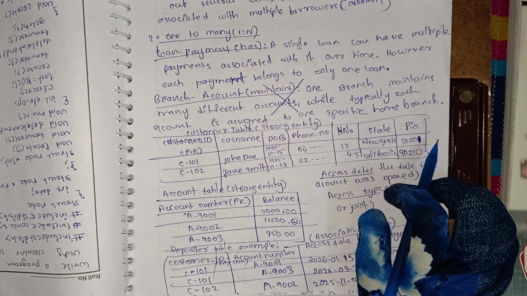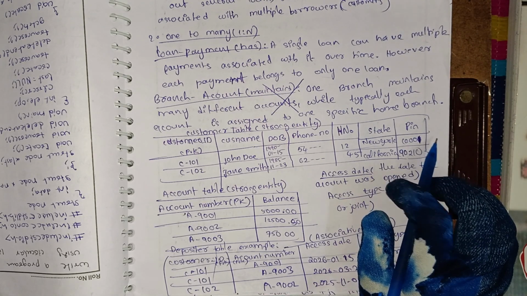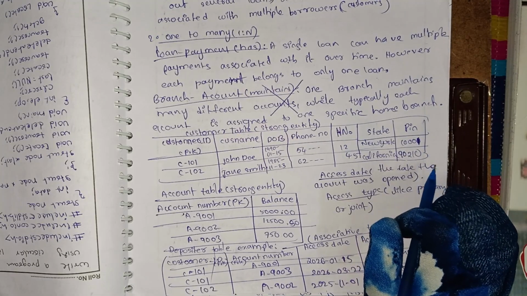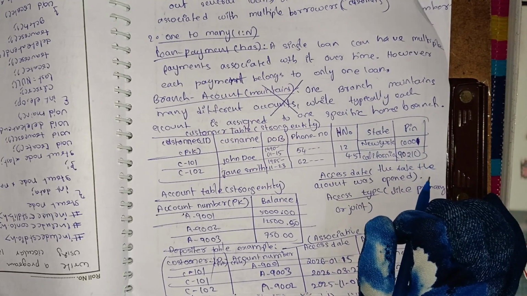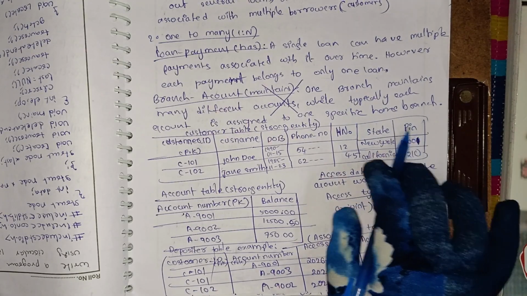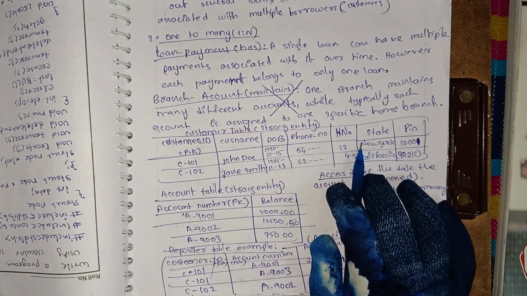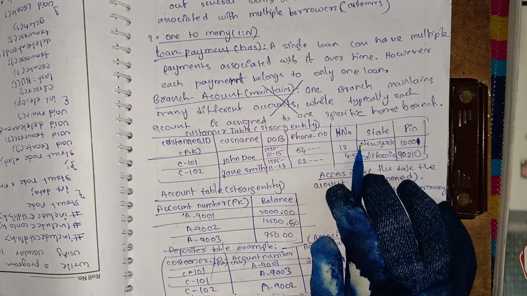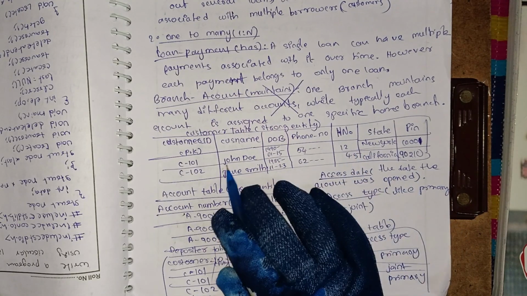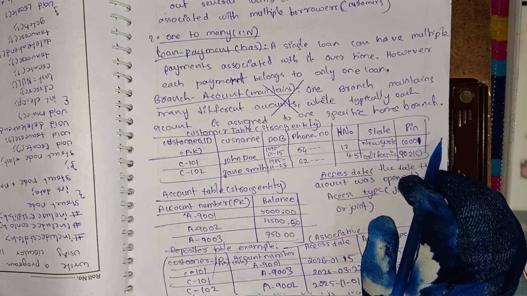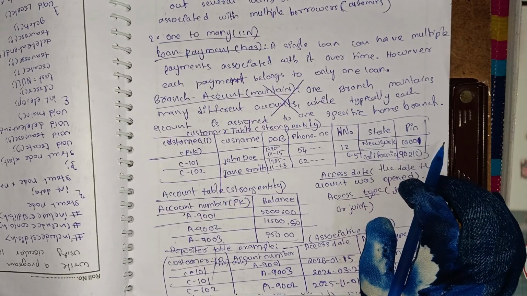One customer can hold multiple accounts, means account numbers are repeating here. For that, all these values should be repeated. Means John Doe has some account number A9001.